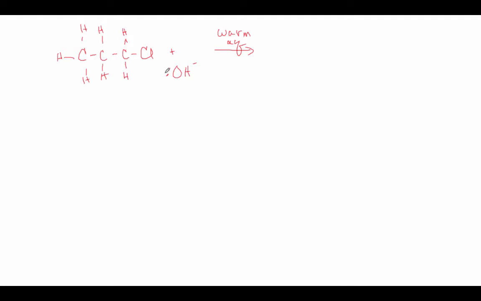We're going to see that this pair of electrons goes to the carbon, and it's going to form the unstable intermediate, and then the next step will be the chloride leaving.